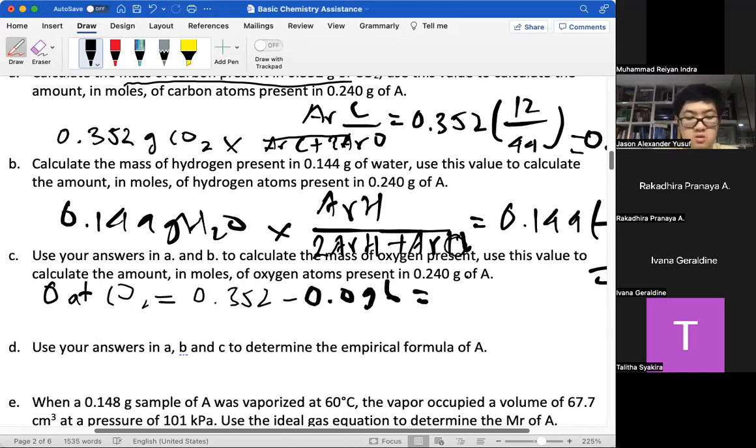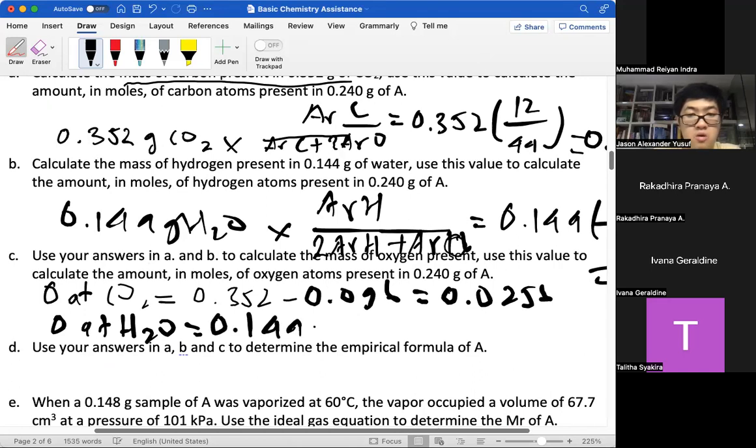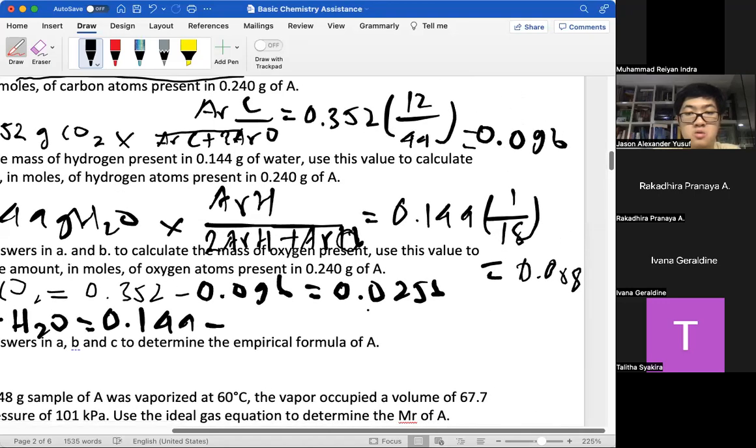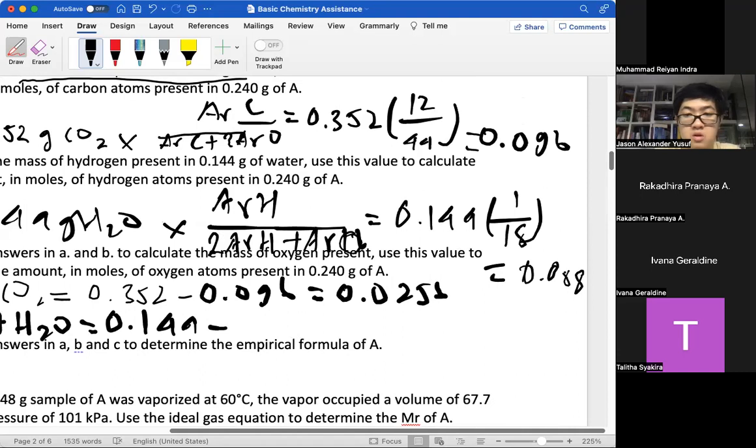That would be 0.0256. And the O at H2O would be 0.144 minus 0.008. That would be 0.136.